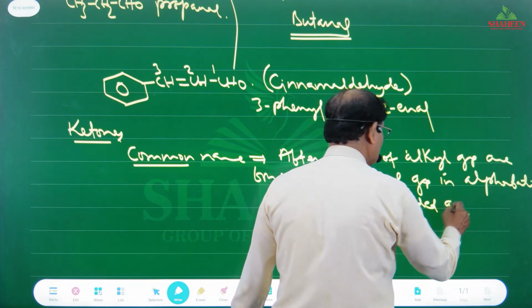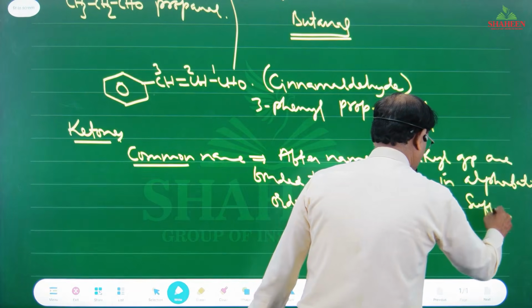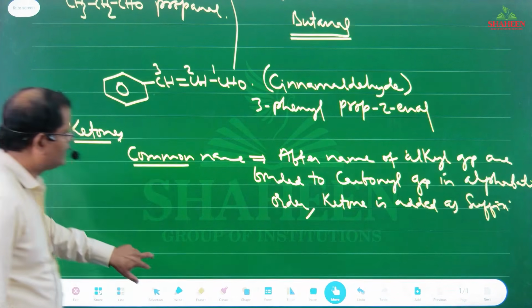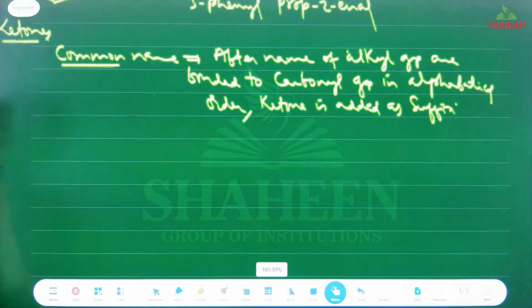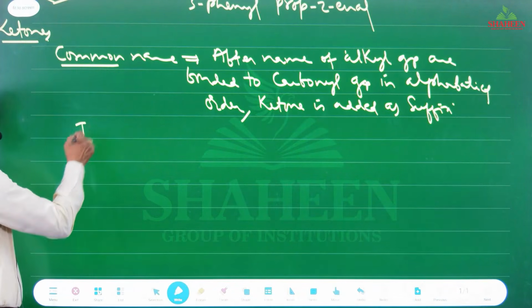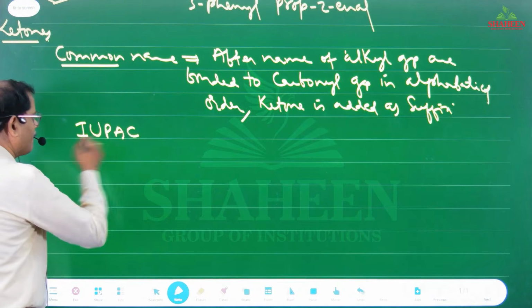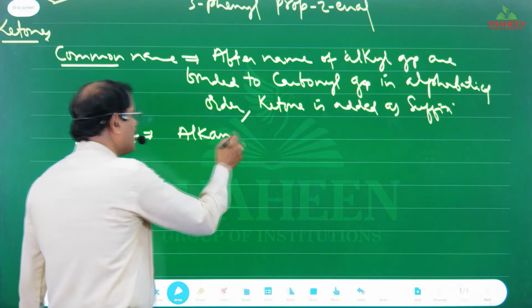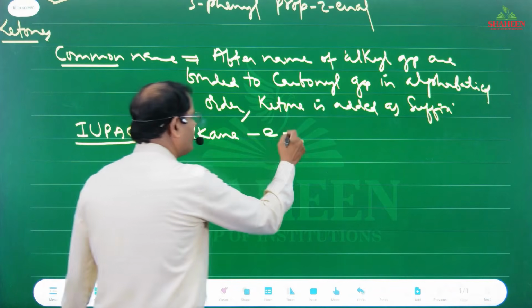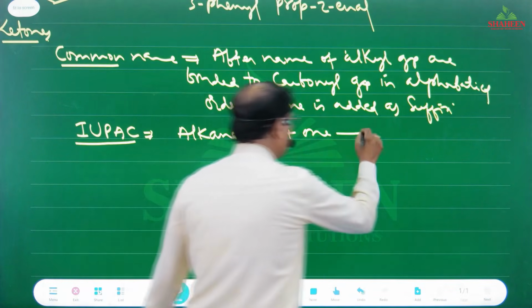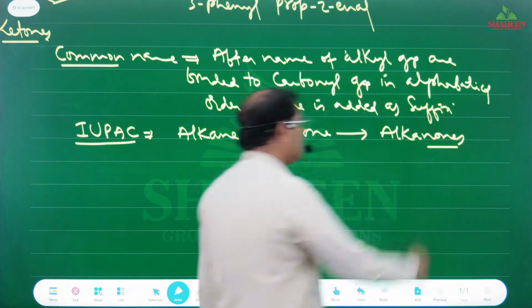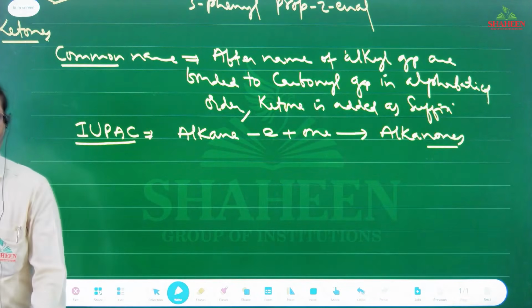Ketone is added as a suffix. That is the common name; then IUPAC. In IUPAC, instead of the E in alkane, by adding "one", they are named as alkanones.